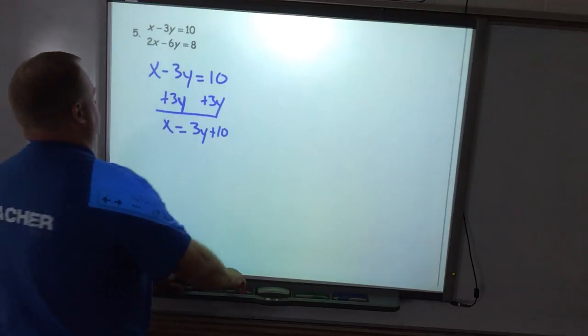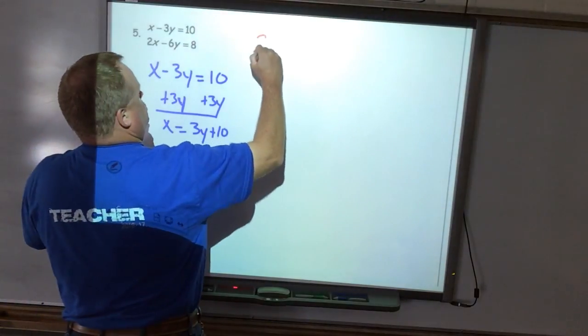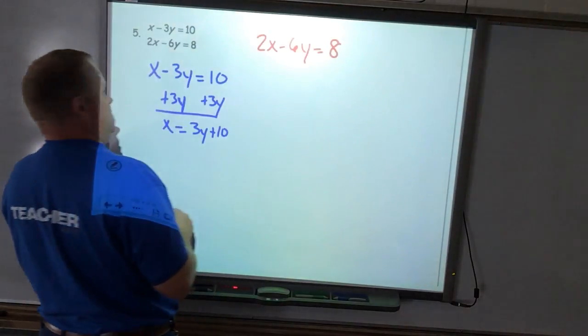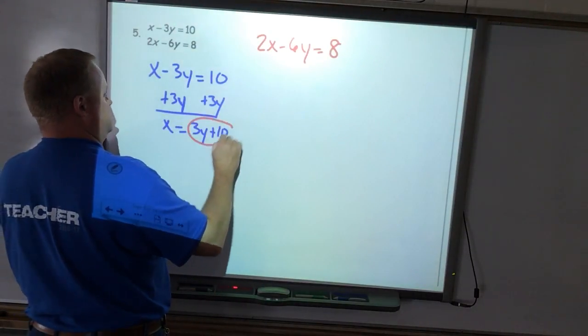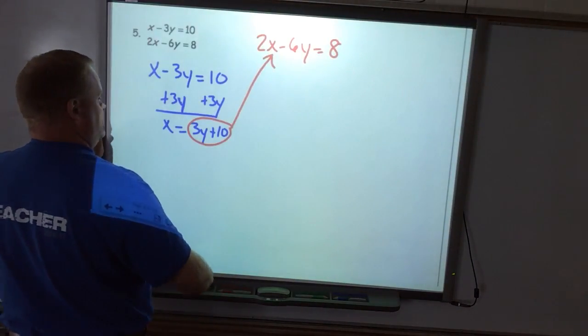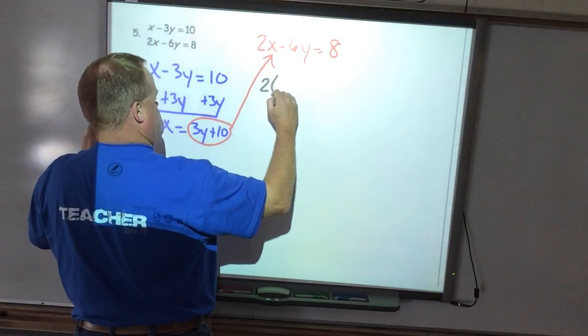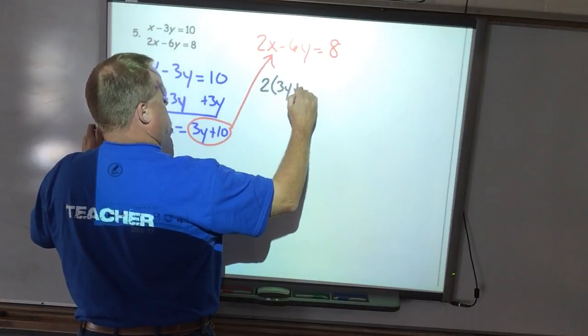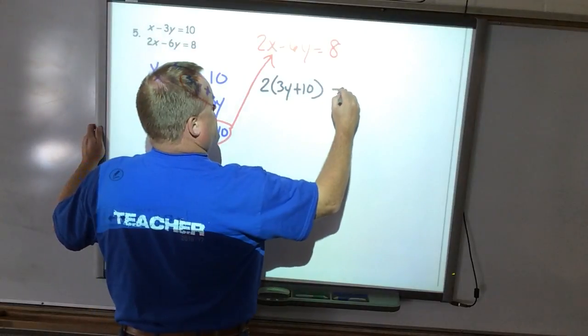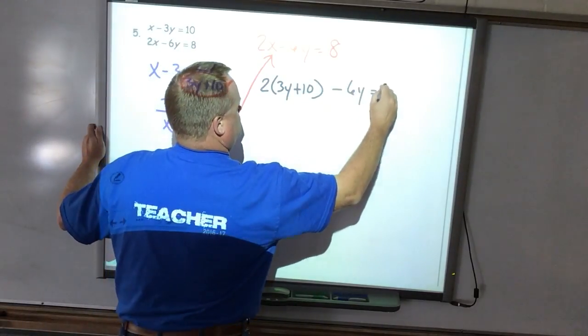That other equation is the 2x minus 6y equals 8 equation. I'm going to plug this 3y plus 10 in for that x. So this is 2 times (3y plus 10) minus 6y equals 8.